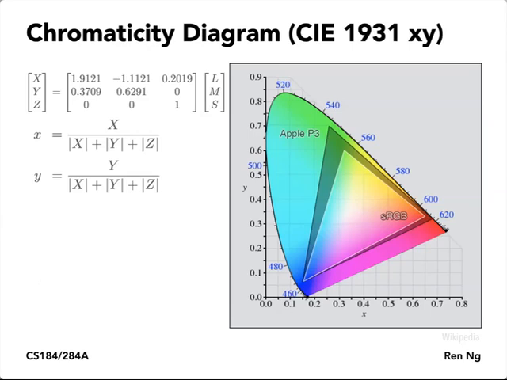So what do points inside this diagram represent? It represents a color that's separated from the brightness of the light, or more formally, the luminance of the light. I'm going to formalize this in some slides in a little bit, but let me mention it now.